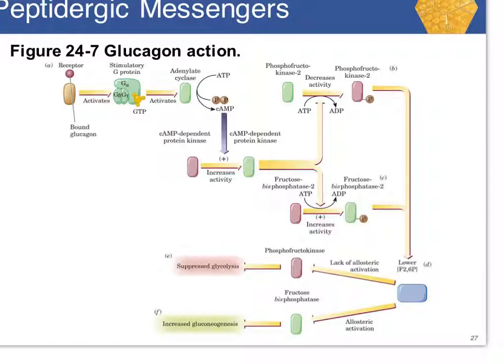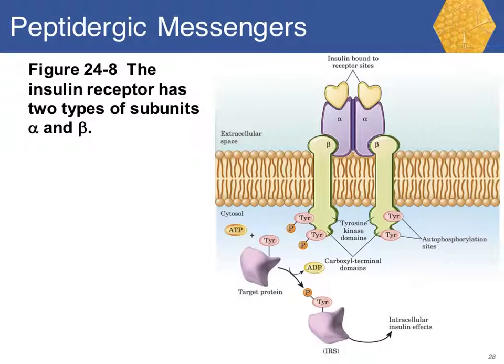Now, insulin is another peptide produced by the pancreas, but obviously you know its overall effect is going to be the opposite of glucagon. Insulin binds to insulin receptors on the liver and muscle cells, as seen here in this picture.